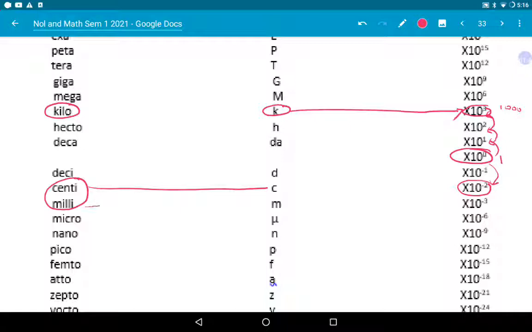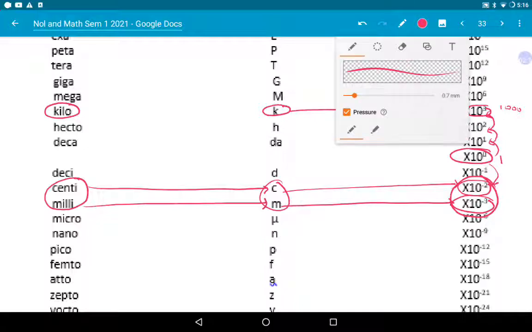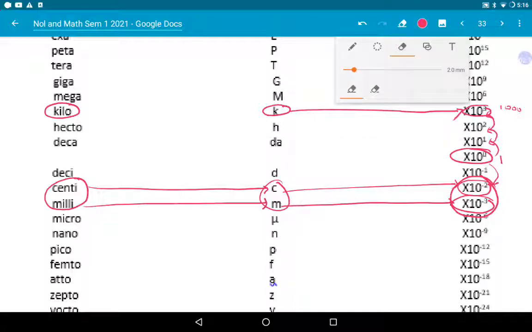And milli, compared to 1, that would be 1,000th of a meter, and so on, right? So these relate the name of the prefix to what the prefix represents as a value, the power of that. Okay, so what we can do, I'm just going to clear this mess up a bit.